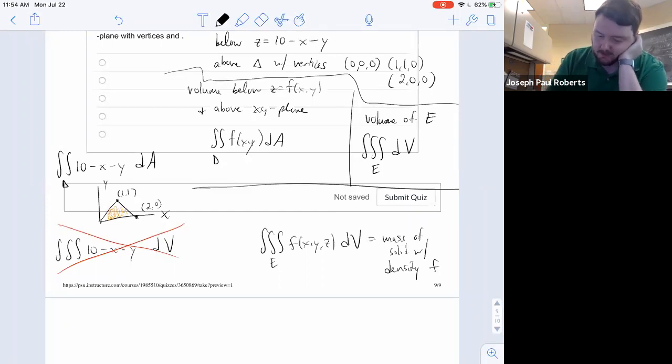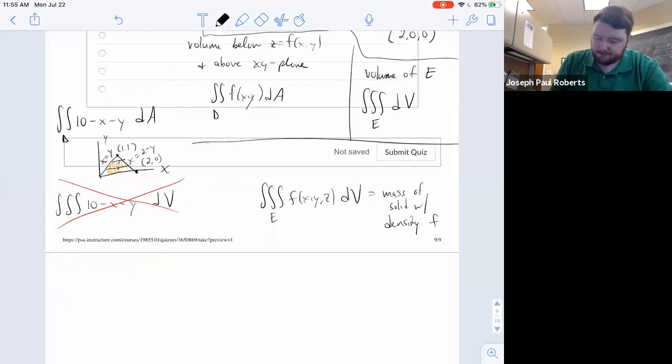You have to do it dx dy if you want to do it in one piece. And so if you figure out the equations of these left and right lines, you end up getting that for y between 0 and 1, x starts at y and stops at 2 minus y.